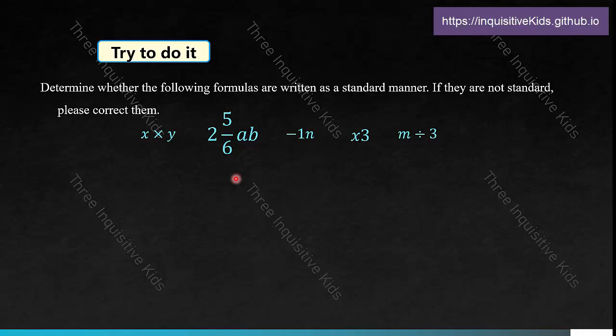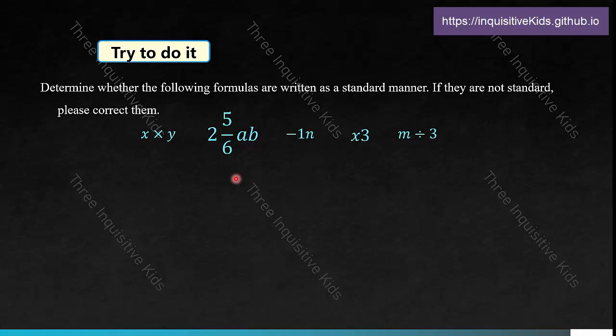Well, we know that if we have a mixed number, usually in the standard manner, we would convert it into an improper fraction. So if we convert it, it would be 17/6 times AB, or 17/6 AB.